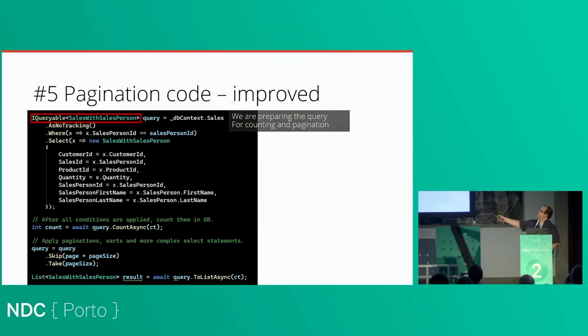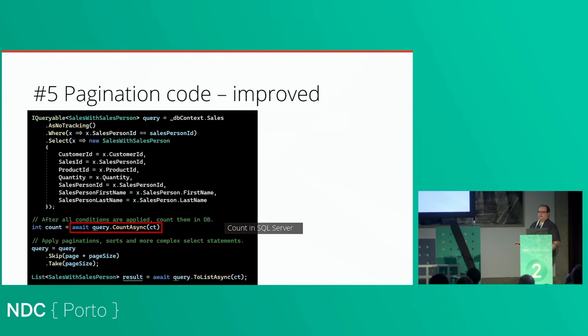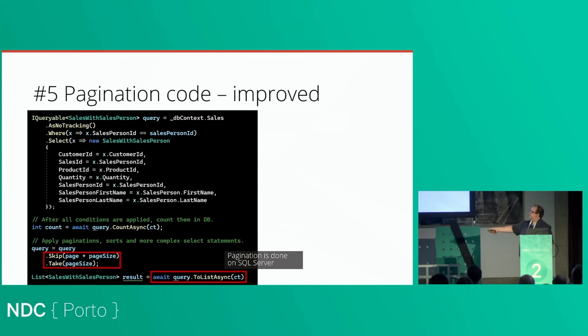Instead, what you can do is use IQueryable over here. And even though it feels a little bit wrong to ask SQL Server, hey, give me a count for this, and then do pagination on the original query and get the results back, it turns out this is almost consistently faster, even on smaller results.